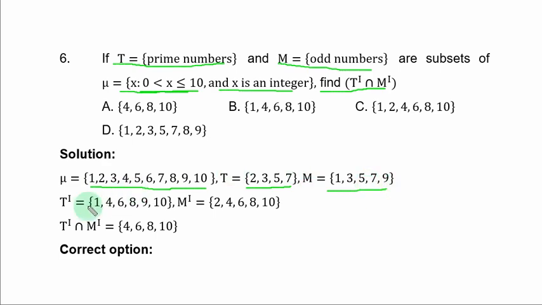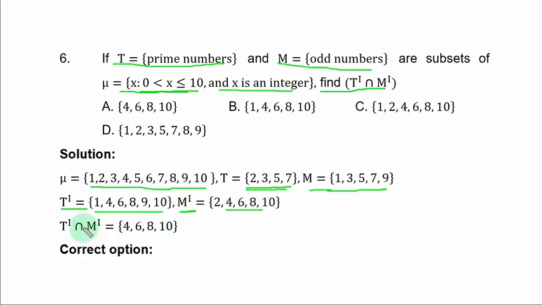So let's get T complement. T complement means the elements in the universal set but not in set T, and you have these elements. The M complement, the elements in the universal set but not in set M, so you have these.